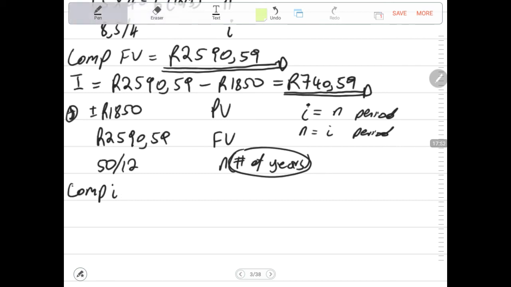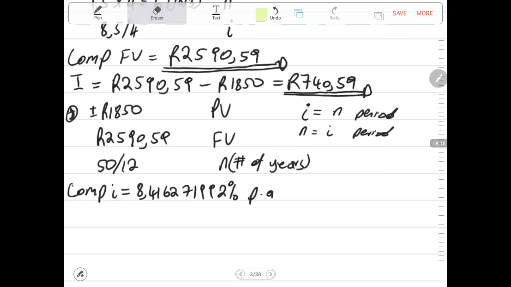So we get 8.416271992% per annum. We stop there. We don't say compounded monthly, because this is per annum. It is not compounded monthly or 3 monthly or 4 monthly.